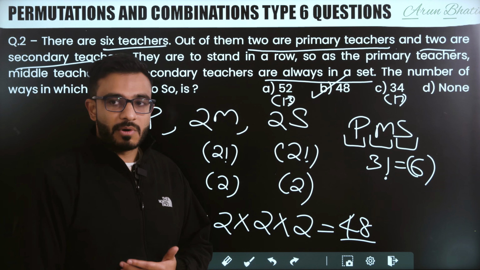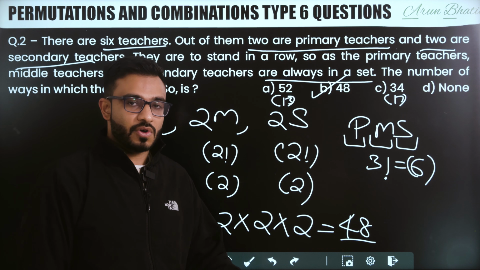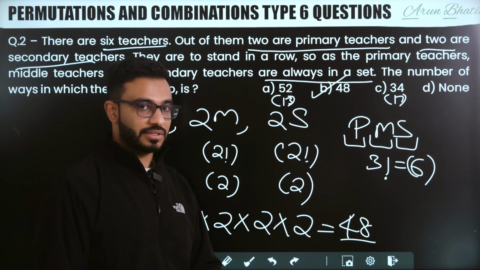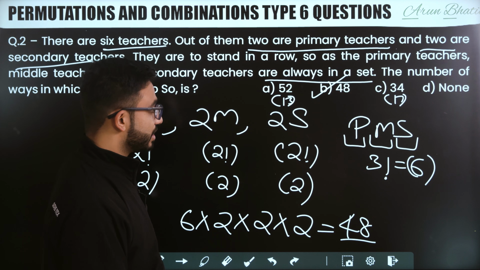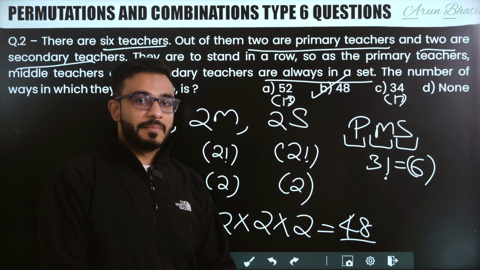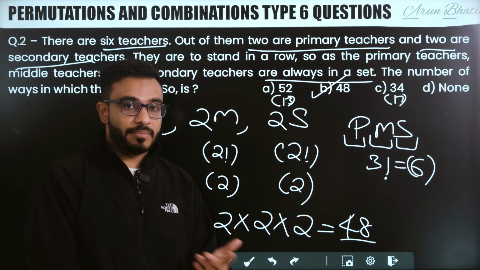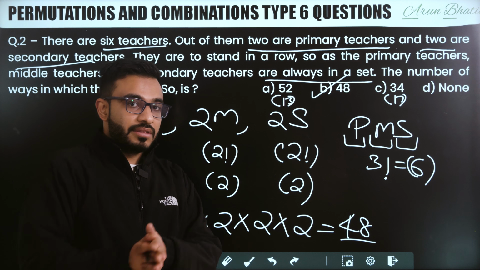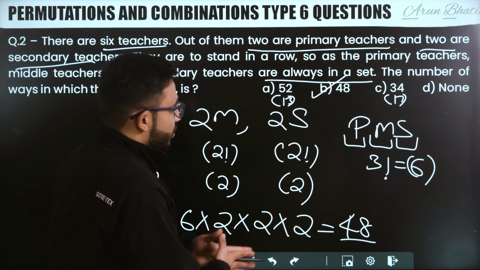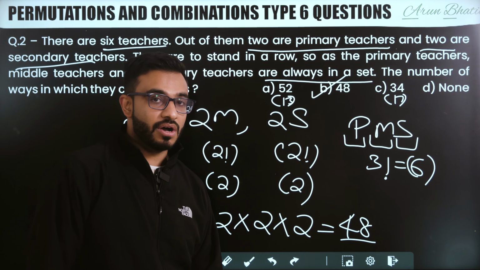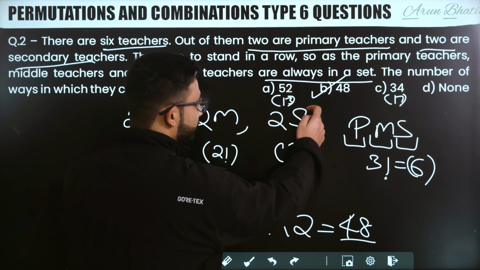In counting questions, in permutations and combinations, you cannot have such prime factors, because prime numbers don't have any further factors that they can be divided into. So the answer is always an even number without such prime factors, which is 48 again.